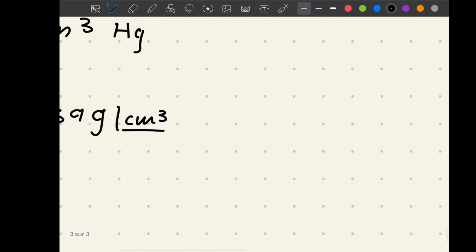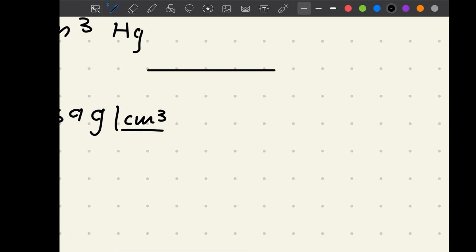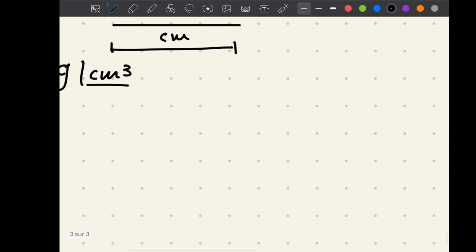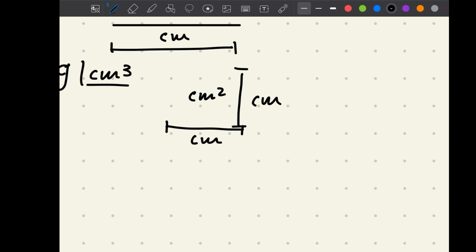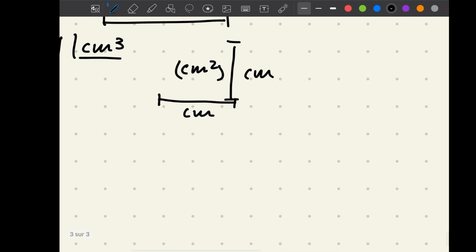As you can see, you can measure the length of something using centimeters, right? You can also say the area of something if you have centimeters in one direction and centimeters in another direction. This right here will give you centimeters squared, and this is what you call area.